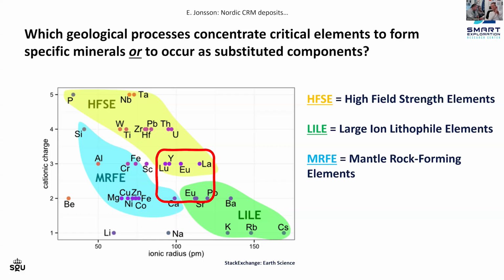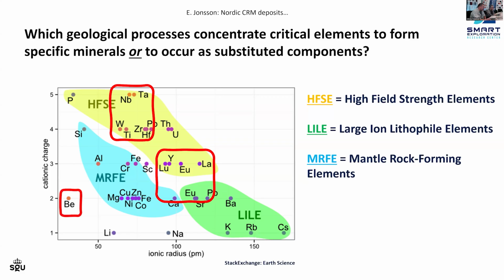We see they are relatively far off, all of them, all critical metals, from the mantle rock forming elements, with fairly large ionic radii and intermediate cationic charges. Additional critical metals, niobium, tantalum, tungsten, zirconium, hafnium, for example, have higher cationic charges, smaller ionic radii, still very much away from overlapping with the mantle rock forming elements.